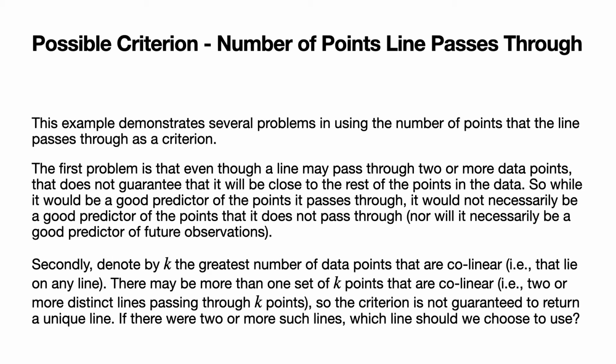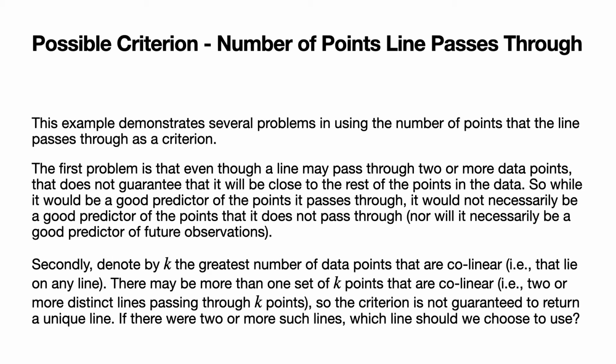Secondly, denote by K the greatest number of data points that are collinear in the data set, that is, that lie on any line. There may be more than one set of K points in the data set that are collinear, that is, 2 or more distinct lines passing through K points. And so this criterion does not guarantee that it will return a unique line.